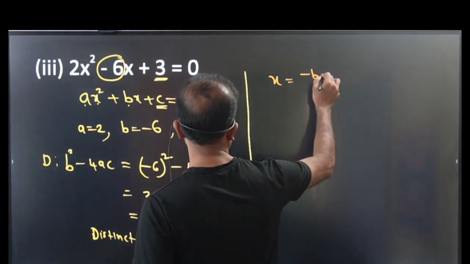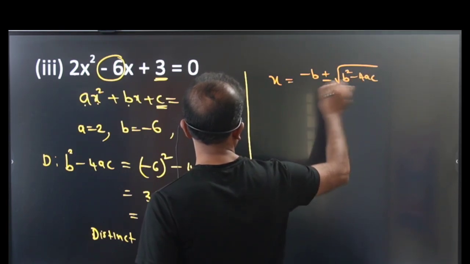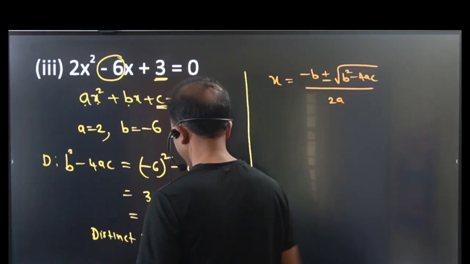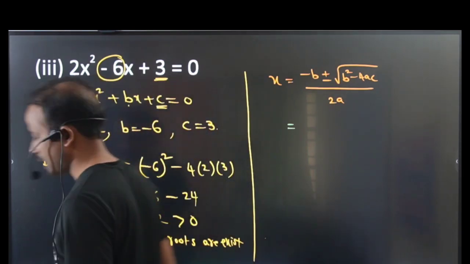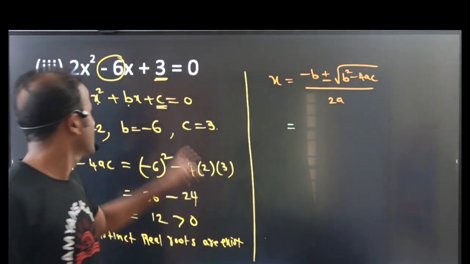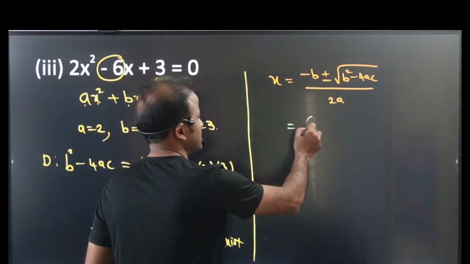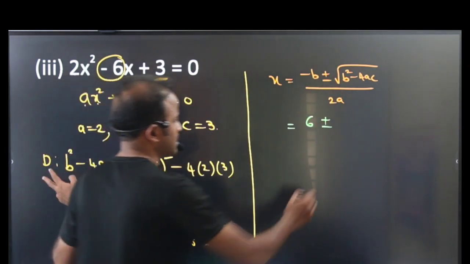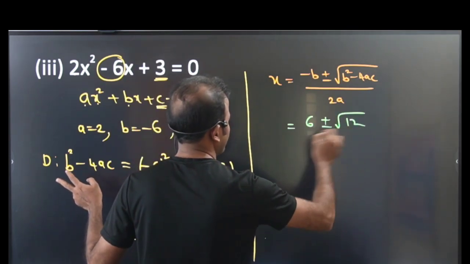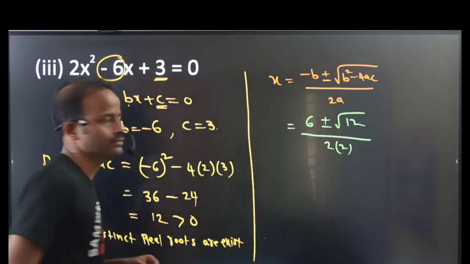Now see here, what is the value of b we have here? Minus 6. Here also minus is there. So minus of minus 6 will become plus 6, plus or minus. What is the root b square minus 4ac? We got here 12, by 2 into a. The a value is how much here? 2, right.